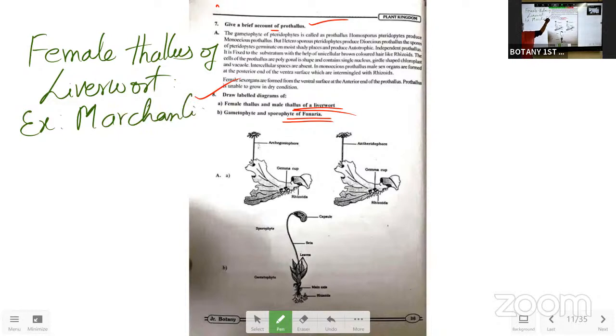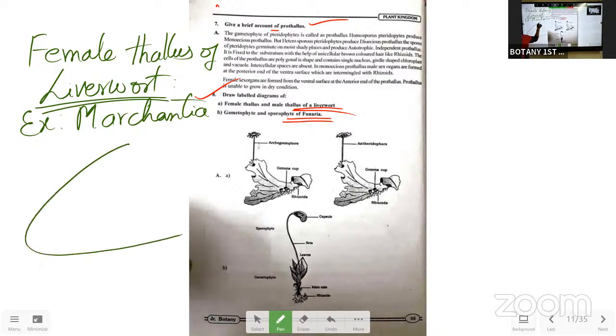Now we will go with drawing the diagram. Marchantia has a liver-like structure. In the word itself we are saying liverwort means liver-like structure. Easy. And from here, if you draw like this, that is also very easy.